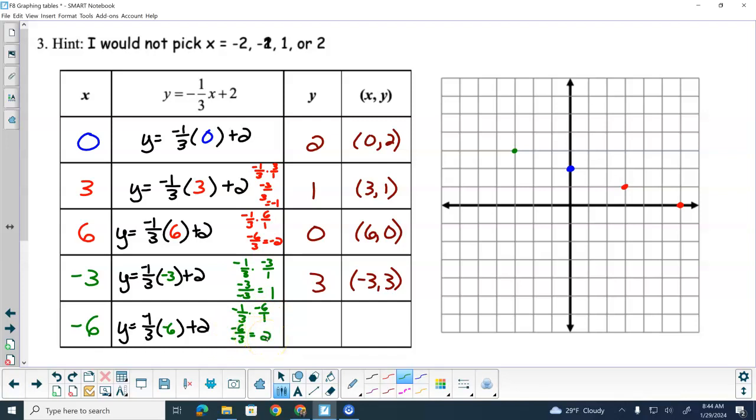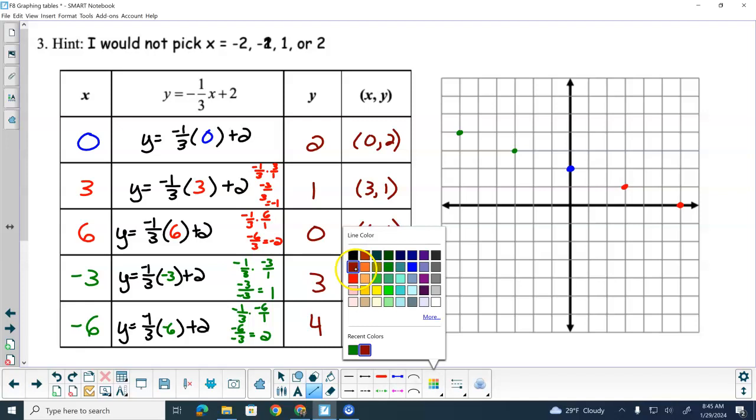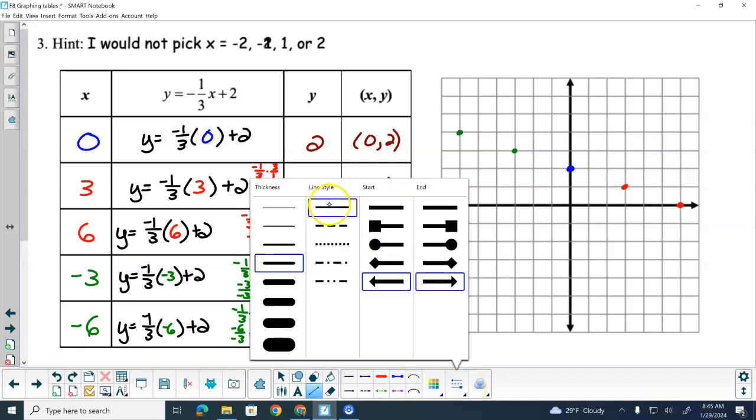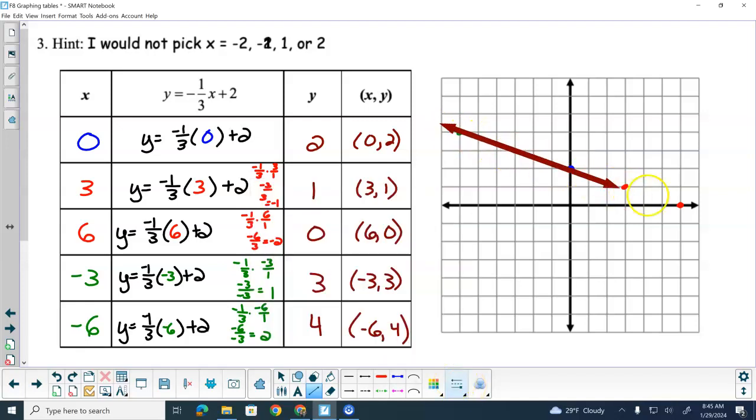Negative divided by a negative is positive, so that's positive 2. Then plus 2 is 4. There. And then we can draw our nice and straight line.